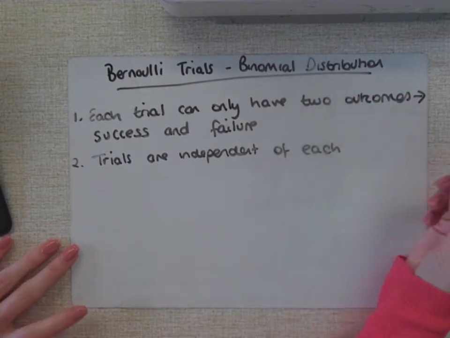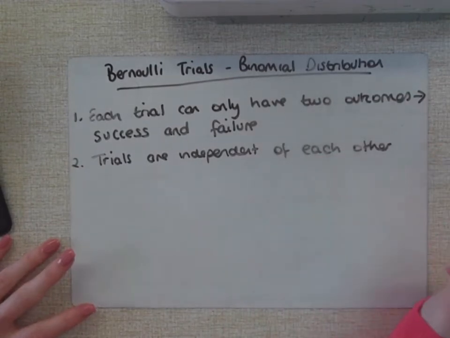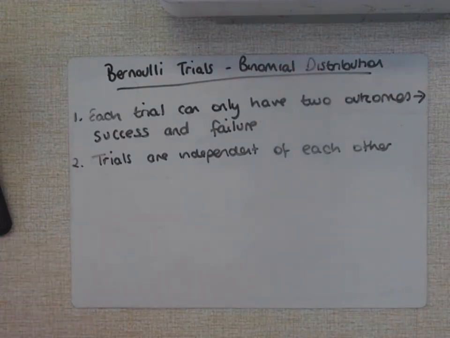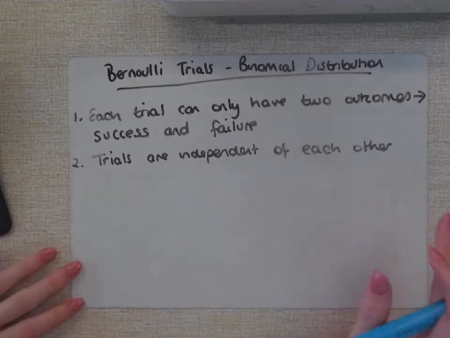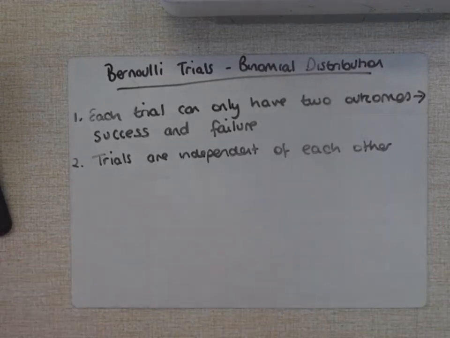The trials are independent of each other, so the success of one can't depend on the success of another. And if they're independent, it means the probabilities aren't going to change based on the previous trial.